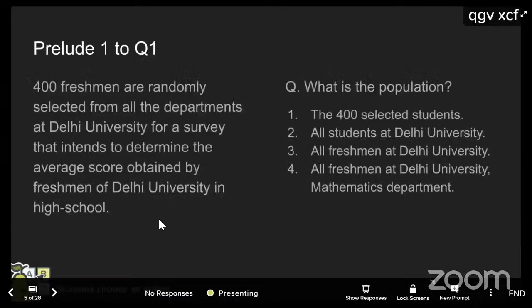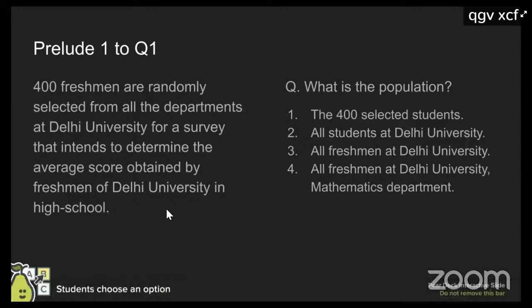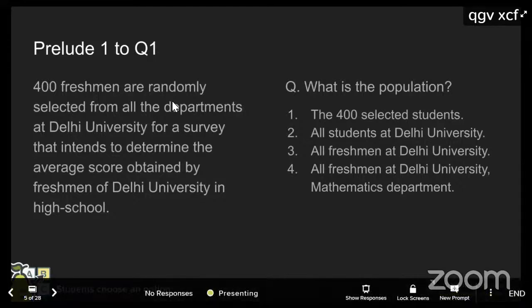So this is the question. Kindly read the question, and you will get these options, and you have to enter the correct option. I think 3 to 4 minutes will be more than enough for this question. So kindly read the question and answer it.